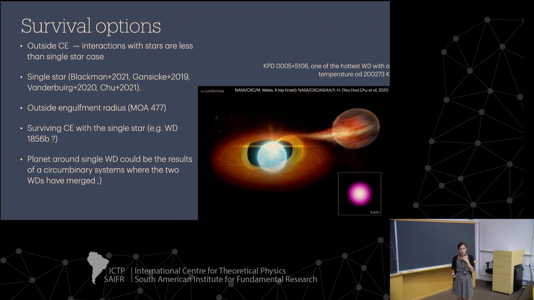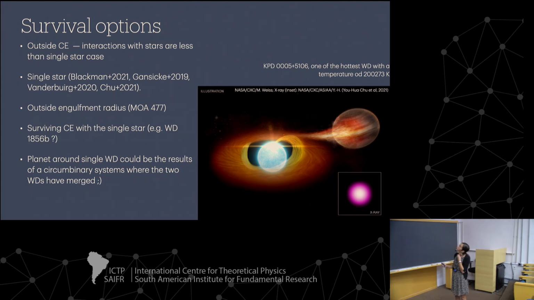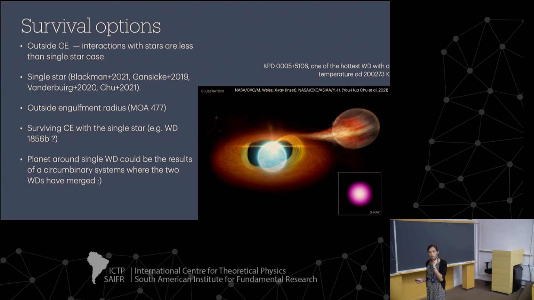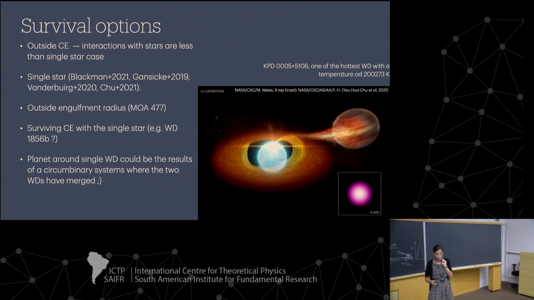They didn't see the planet, but it's the best interpretation of the data they collected. And then Vanderburg, that was by transit. And then there's Chu, 2021, who basically found a white dwarf that is very hot, at this temperature, and is literally eating the atmosphere of the gas giant because of the gravitational pull.